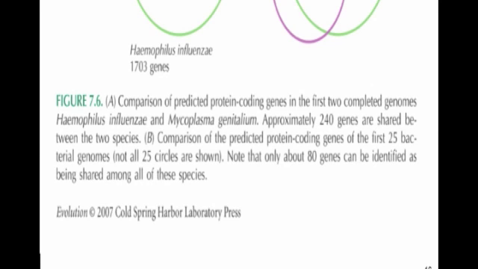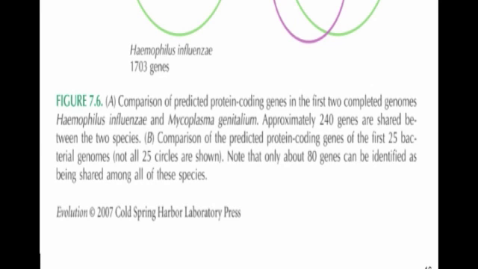So TIGR, we mentioned this before, sequenced the first genome of any organism in 1995, Haemophilus influenzae. Shortly thereafter, they sequenced the genome of a second organism. At the time, they thought it was the organism with the smallest genome available, this Mycoplasma with 470 or so genes. And they compared the Mycoplasma genome to the Haemophilus genome. And in fact, a bunch of other bioinformatics people did this over the next couple of years.